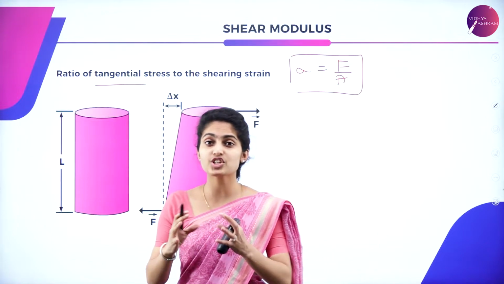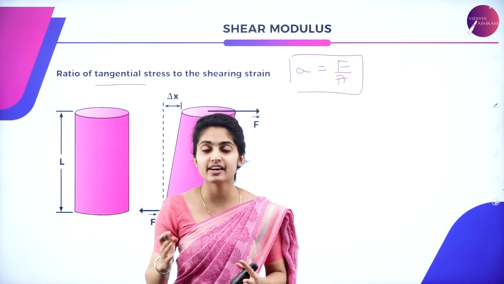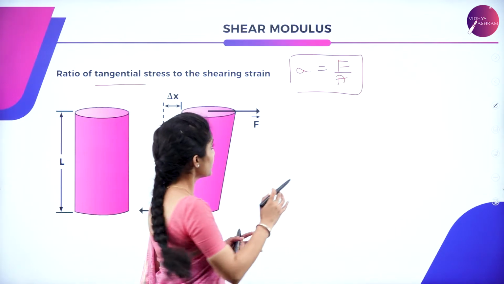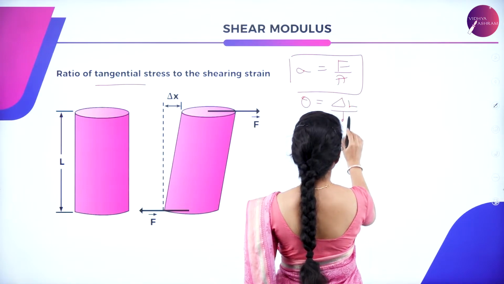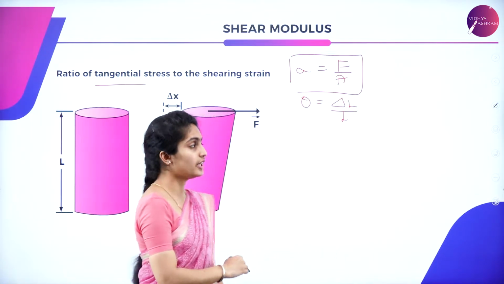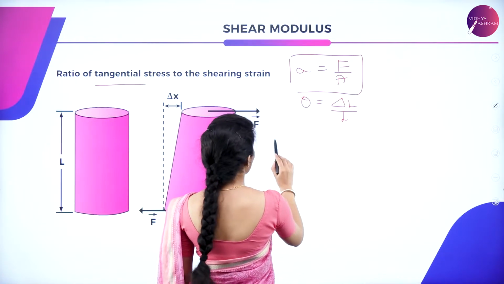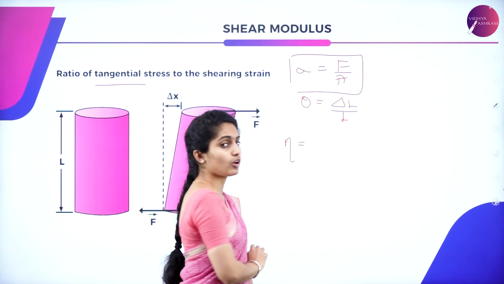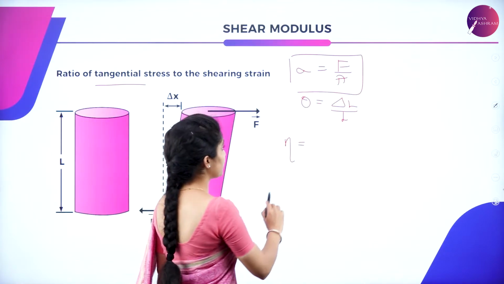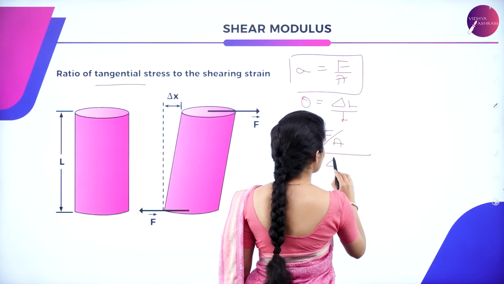Shearing strain means a change in shape. When it is a change in shape, it is like delta L by L, that is, the length changes. So here I can consider theta is equal to delta L by L, the change in length to the original length. In this case I can consider the shear modulus, which is given by eta, also called the modulus of rigidity. It is given by the ratio of stress to strain.